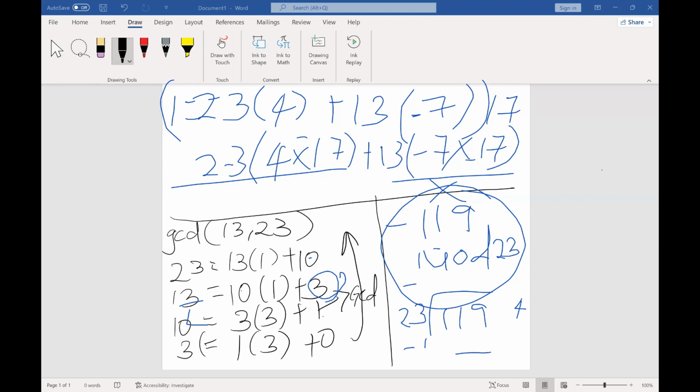Then the x is found to be 19. Convert to a smaller number, that will be negative 4. So negative 4 times negative 10, that is positive 40. So if 23 were to go into 40, the remainder will be 17.